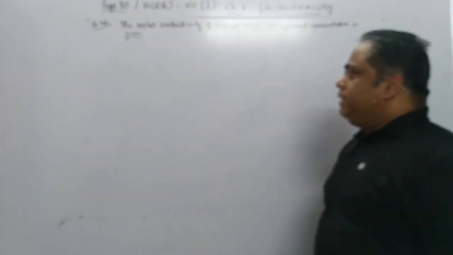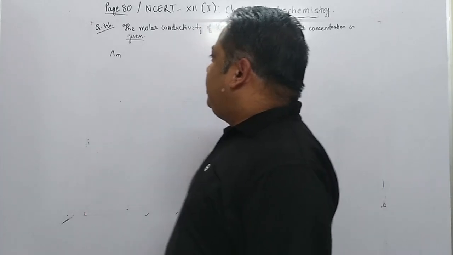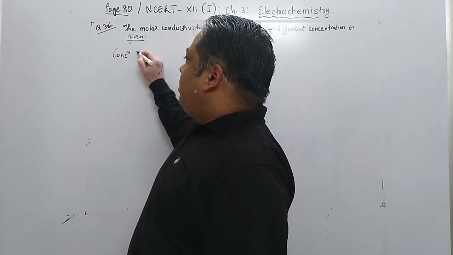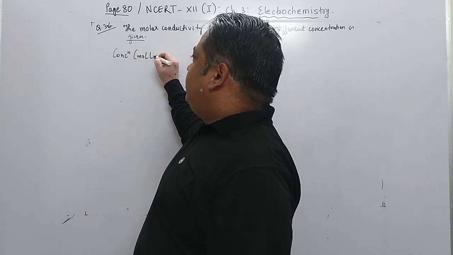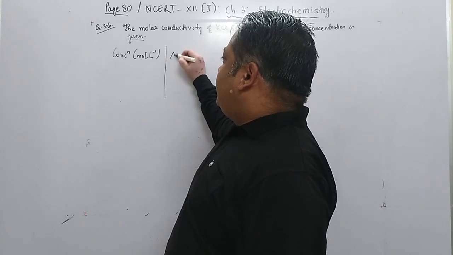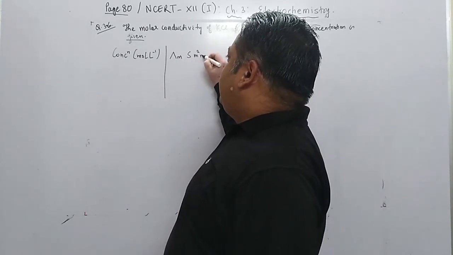It is given in the form of a table. The table is like this. One side the molar concentration is given in terms of mole per liter, and the other side the molar conductivity is given in terms of Siemens meter square per mole.